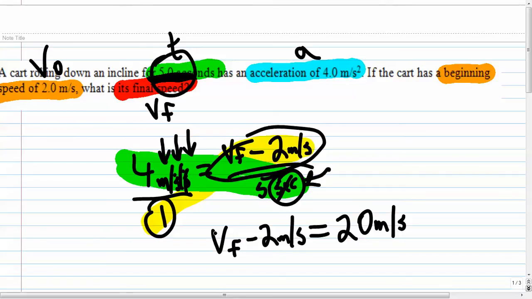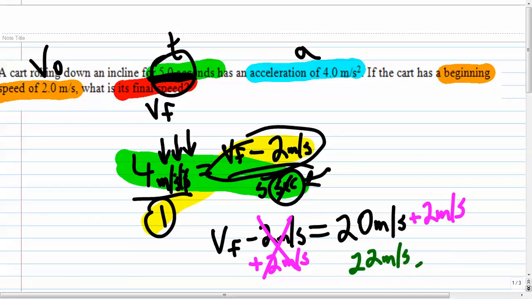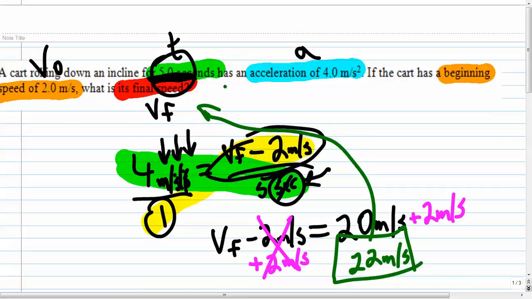So if I want VF by itself, I need to add 2 meters per second to each side. So this is going to go away. And so my final answer is going to be 22 meters per second. And that is my final velocity. There you go.